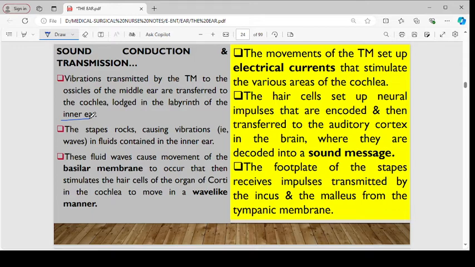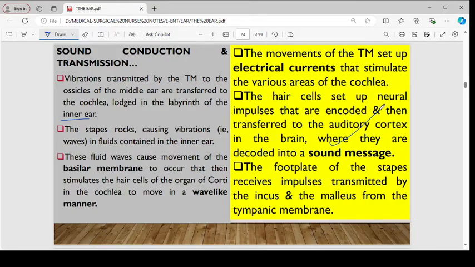The movements will set up electrical currents that stimulate various areas of the cochlea. So the hair cells then set up neural impulses that are encoded, then transferred to the auditory cortex in the brain, where they are decoded into sound messages.